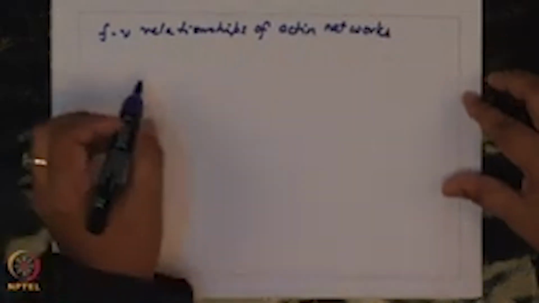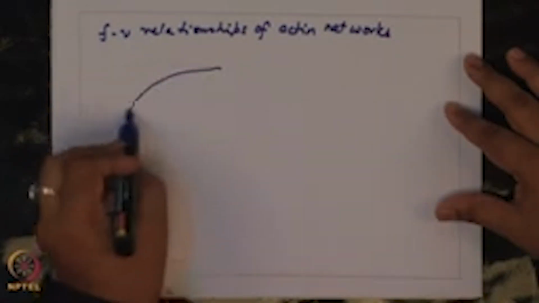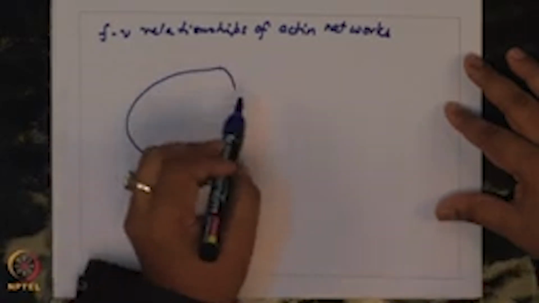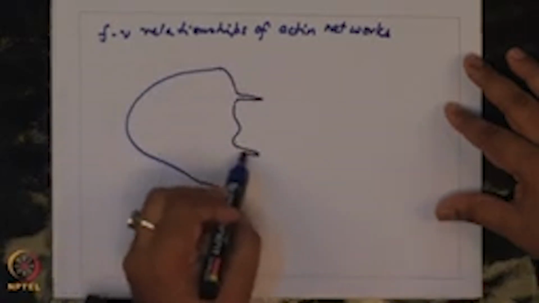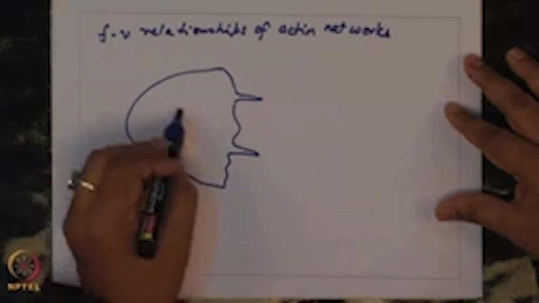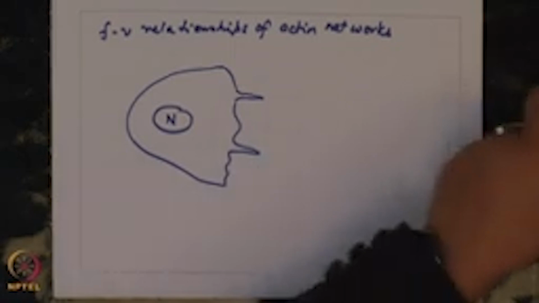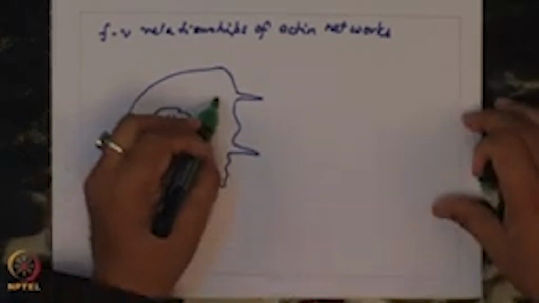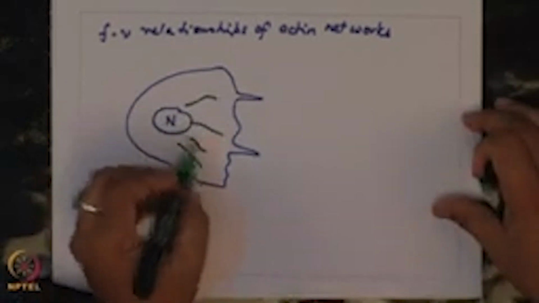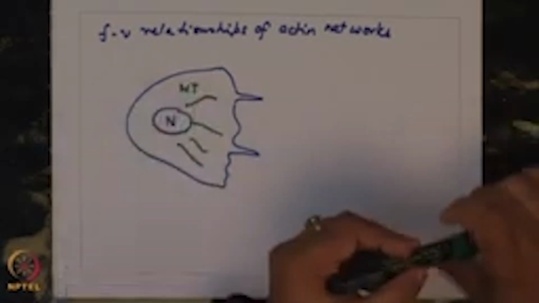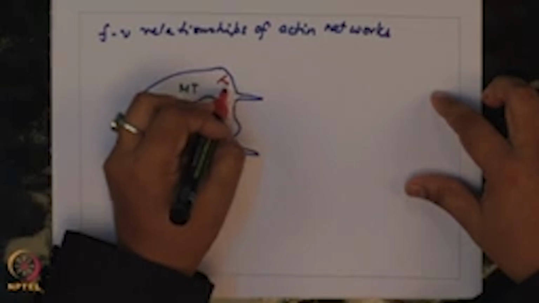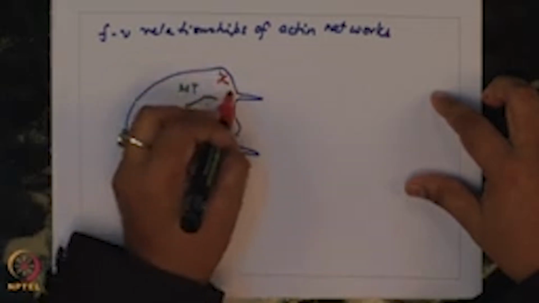So, the advantage of having a branch, so if I draw a cell, this is your nucleus. The polarization of the cell is dictated by the microtubule cytoskeleton, but you have your actin filaments which are forming various kinds of structures.